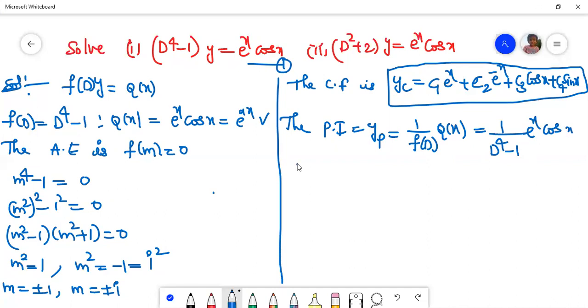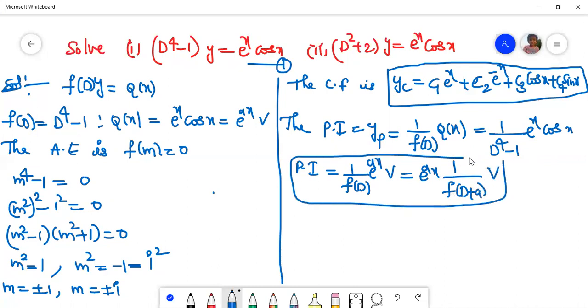The particular integral 1 by f of D into e power ax into v is equal to e power ax into 1 by f of D plus a into v. This is the rule. So here in e power ax, a is 1.